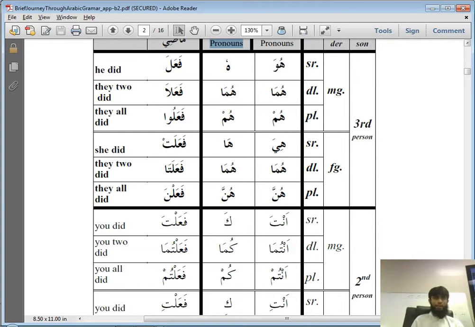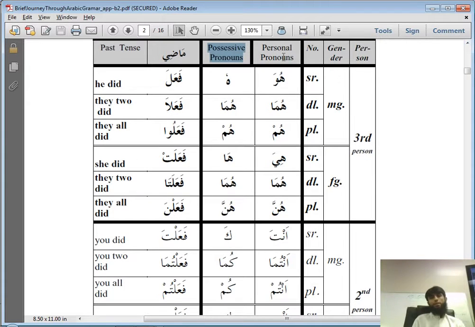We have he, we have him, and we have his. In Arabic we don't have the three categories. We have only two categories mostly. The he category was the personal pronouns, and the possessive pronouns is what would be his or him in English.